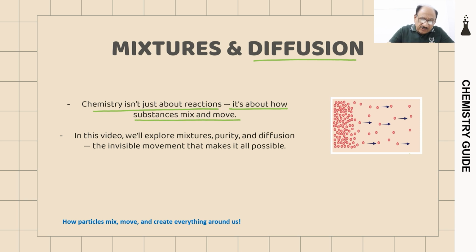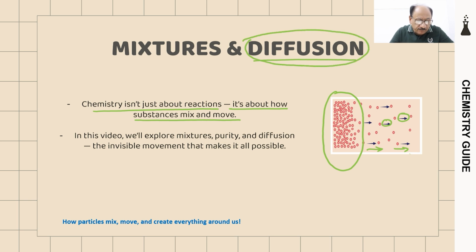For example, if this side has a higher concentration of molecules, molecules will automatically move towards the lower concentration side. We are not pushing the molecules; they automatically diffuse from the higher concentration grid to the lower concentration grid. This process is known as diffusion.